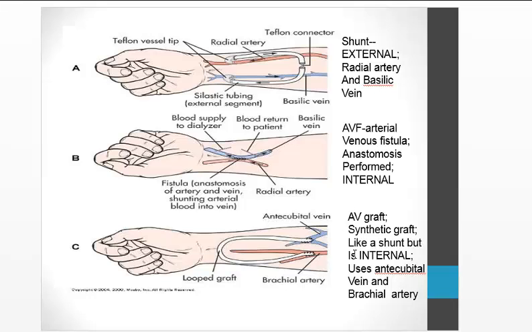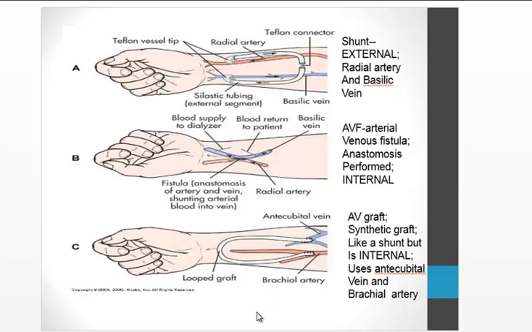An AV graft is basically a synthetic graft. It is like this shunt, except that this white portion does not stick out of the patient. It is internal, and in an AV graft, the antecubital vein and the brachial artery are both used in this particular procedure.